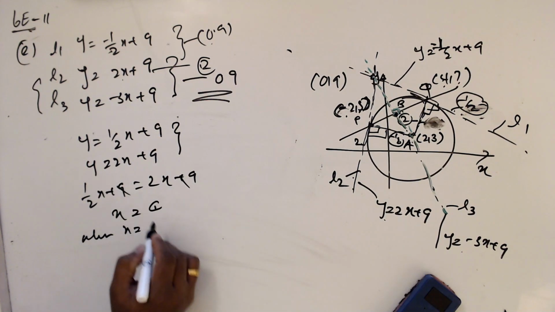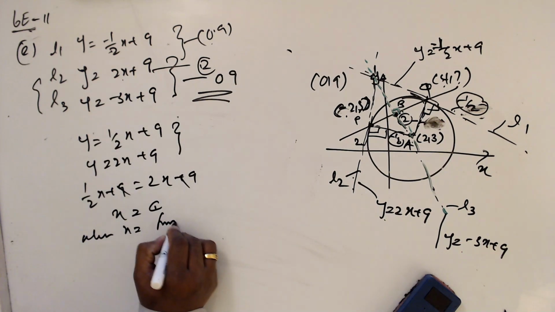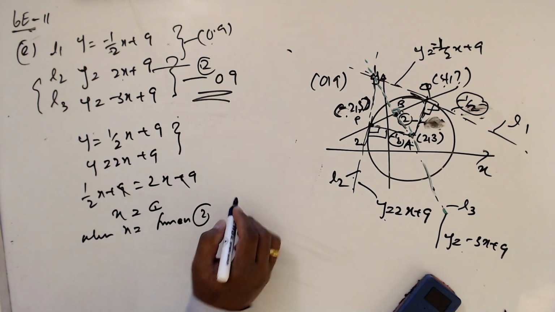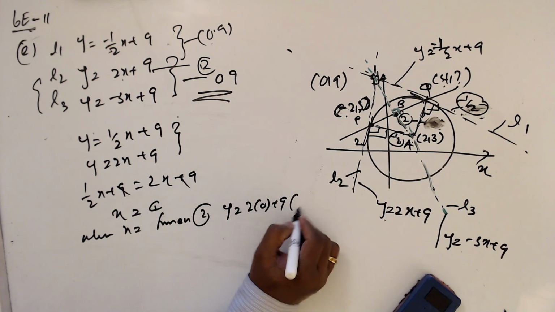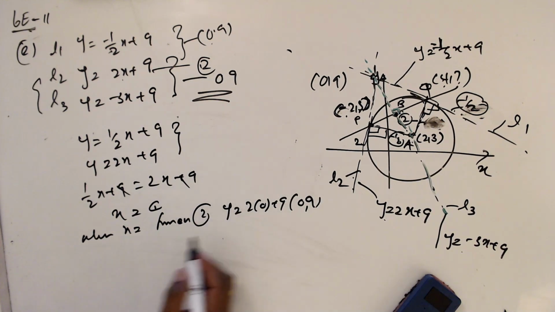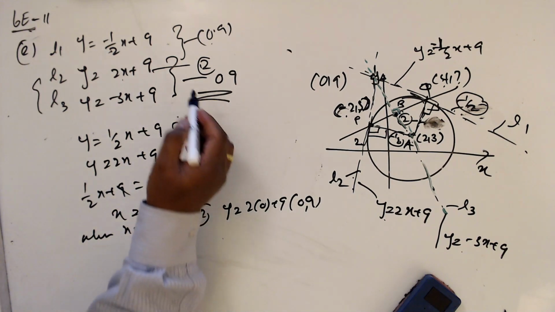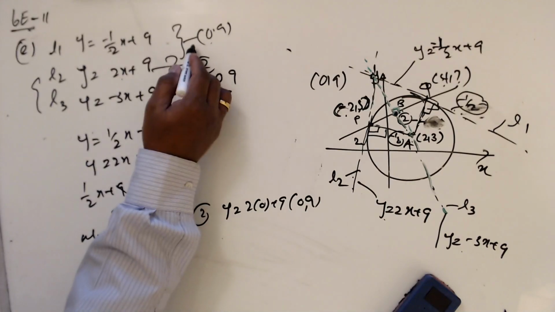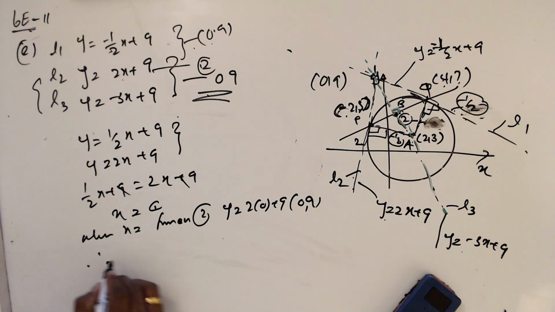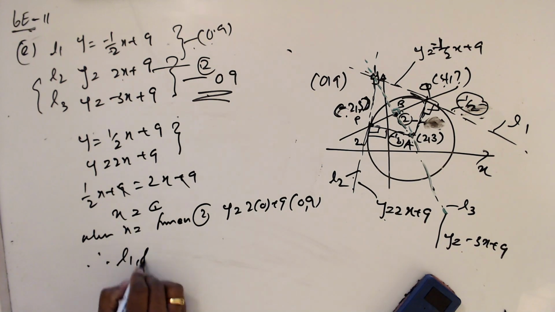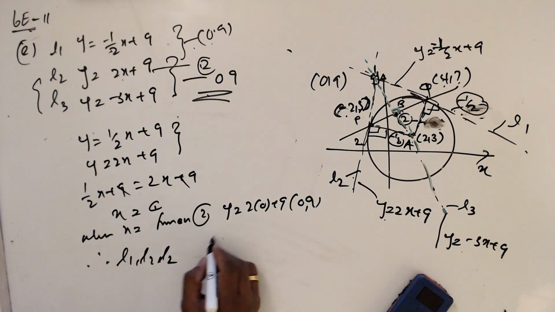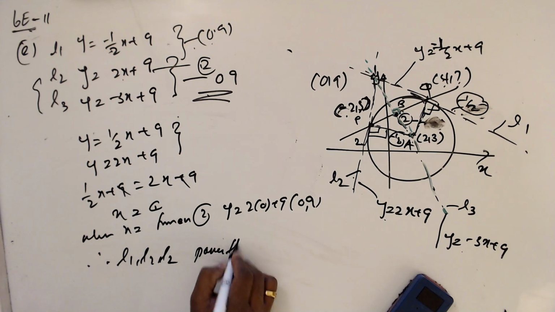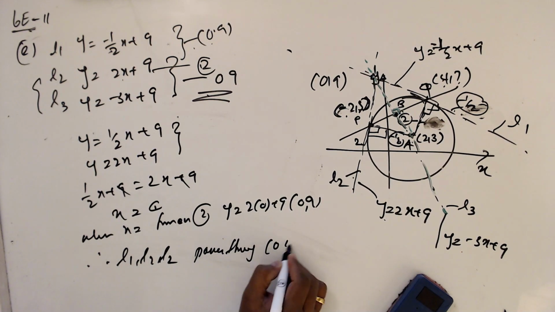When x equals 0, from 2, y equal 2 times 0 plus 9, which is 9. So when you solve those two also, you will get (0, 9). Hence L1, L2, L3 pass through (0, 9).